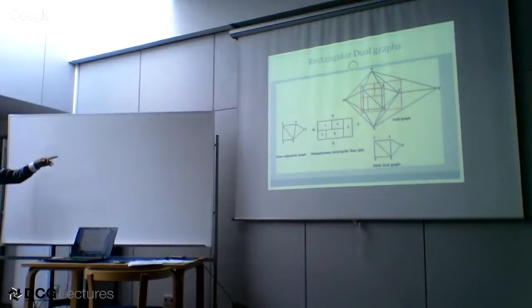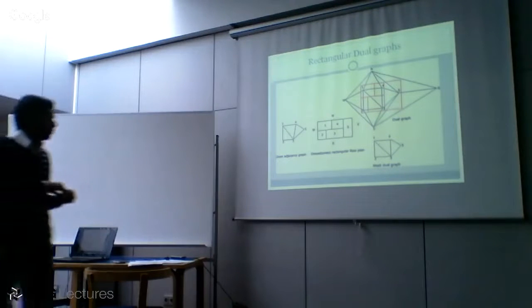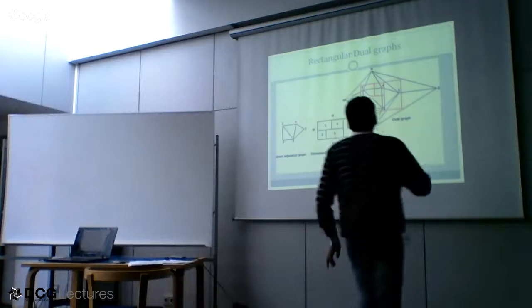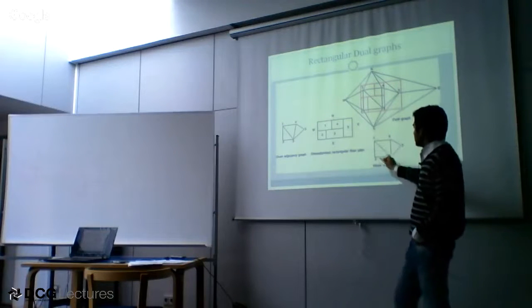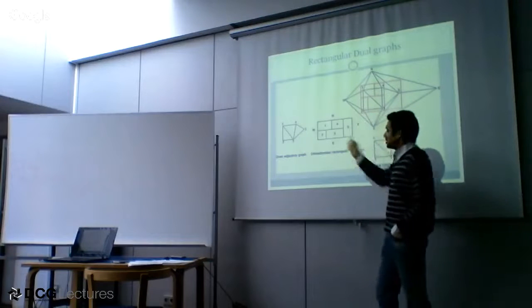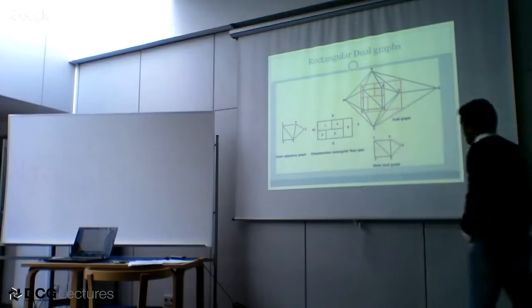So you can see here that we have an adjacency graph with 5 vertices. Corresponding to this adjacency graph, we look for a rectangular floor plan. Now for this rectangular floor plan, one thing we can do is draw a graph corresponding to it, which in most cases is similar to the given adjacency graph.